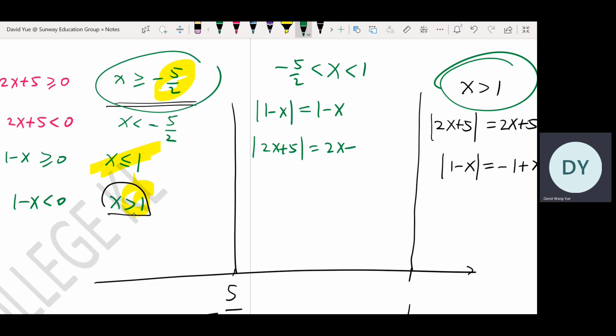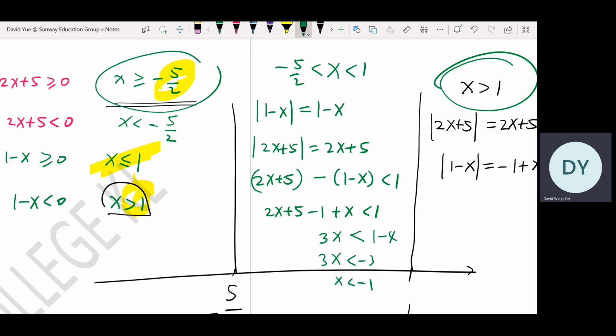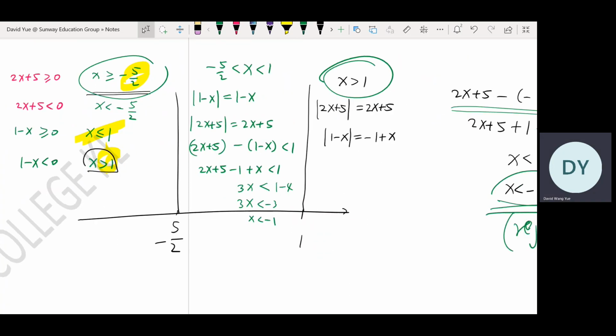So then our inequality becomes 2x plus 5 minus 1 minus x less than 1. 3x less than 1 minus 4. So x less than negative 1.